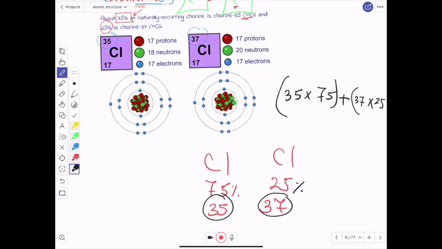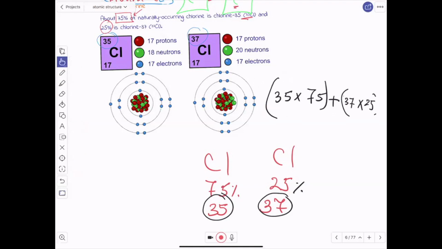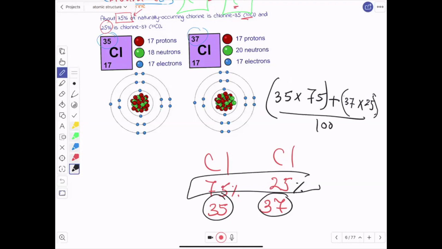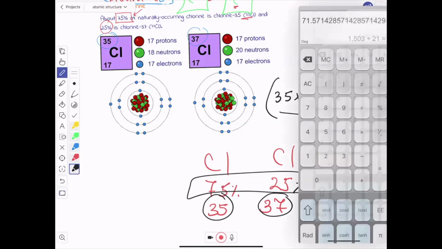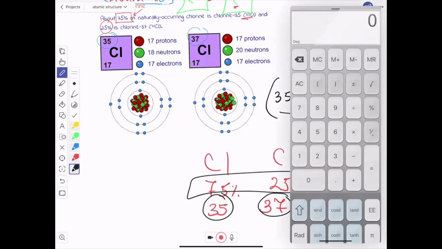Okay. Now that I've done the work here, what do I do next? I would just divide this total by 100 because if you add up both abundances, it's 100. Once you do the working here, you will get the average atomic mass.